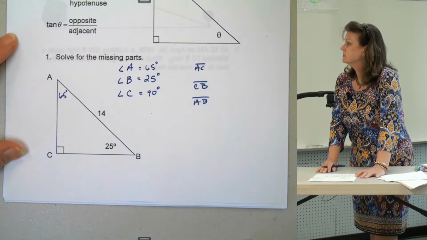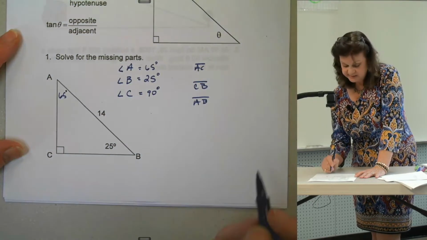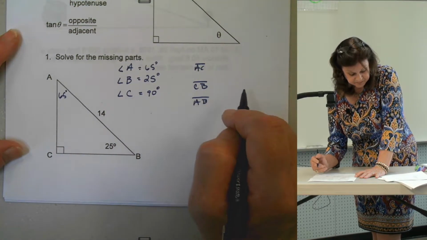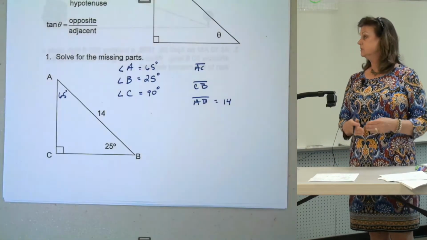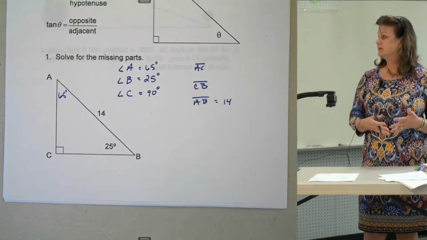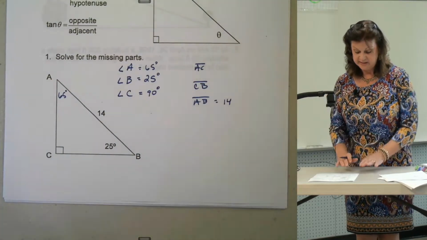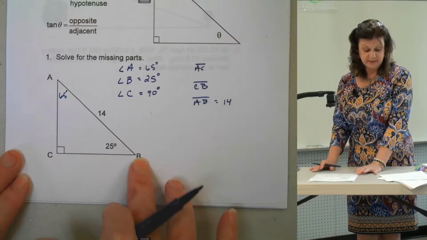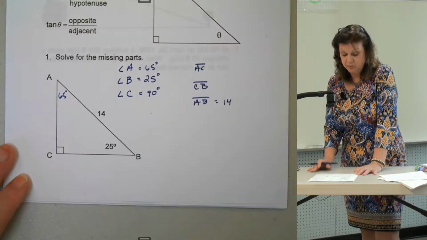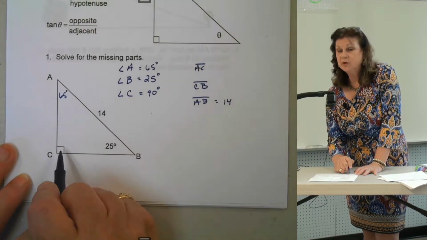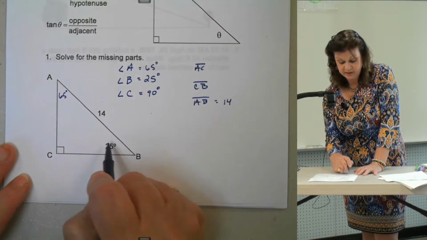Easy enough. Now they've given me line segment AB, and they've told me it has a length of 14. So clearly I have 2 pieces of the triangle that I don't have yet, and that is segment AC and segment CB. So it's really up to you which one you want to find first. You're not going to work off the 90 ever. You're going to work off the other 2 angles.